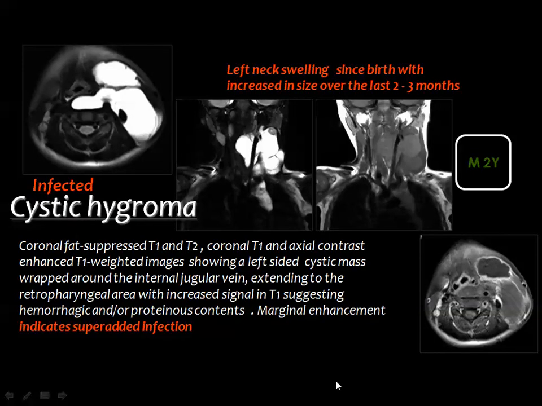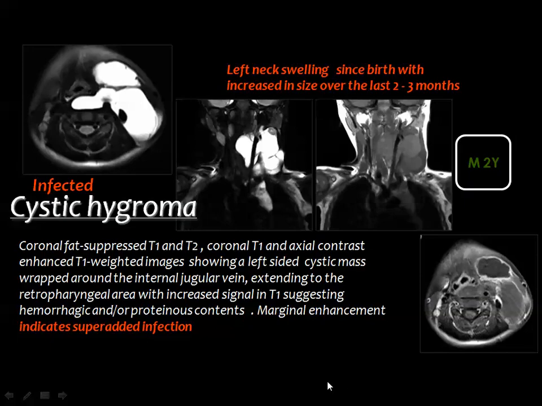Then you know that cystic hygroma is one of the cysts frequently encountered in the neck, and this cyst is usually large. It may contain multiple internal septations, and one of the diagnostic issues that should be reported for a cystic hygroma located in the neck is whether there is any mediastinal extension.